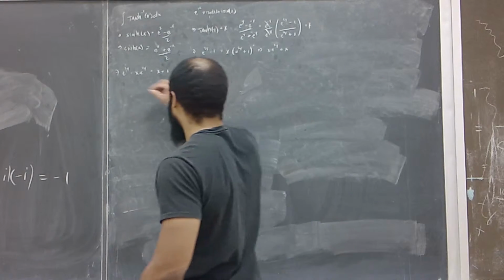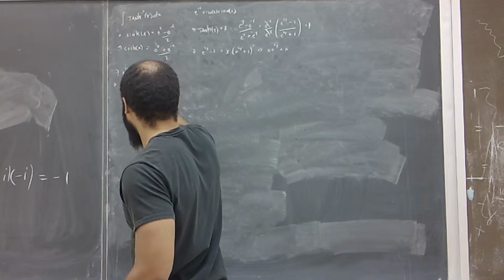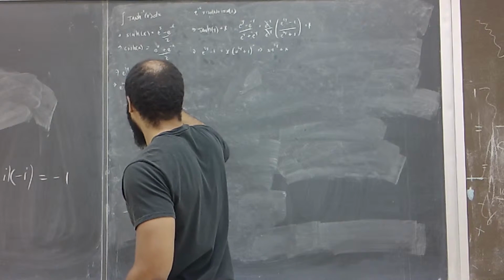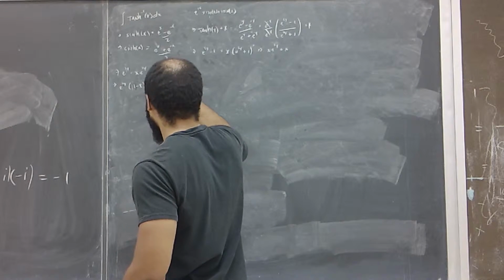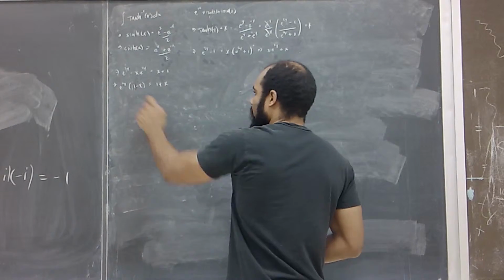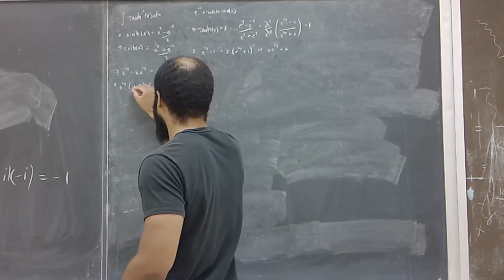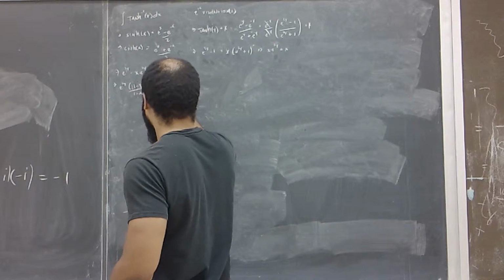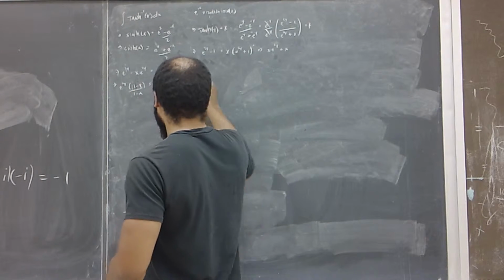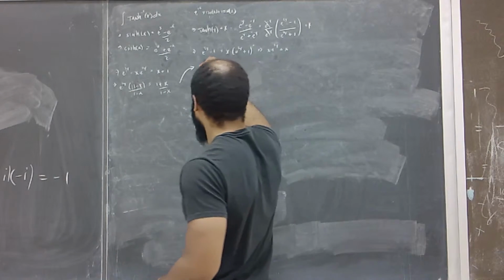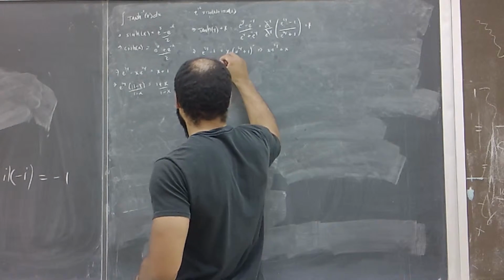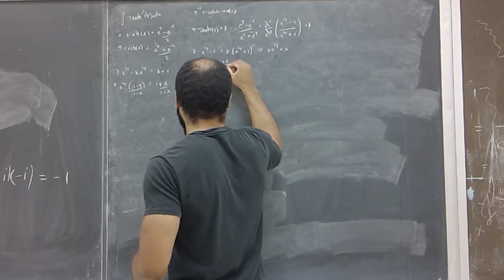Factor out e to the 2y. So we're going to have e to the 2y times 1 minus x equals, I'm going to flip these, 1 plus x, and I'm going to divide by 1 minus x on each side. That's going to give us e to the 2y equals 1 plus x over 1 minus x.